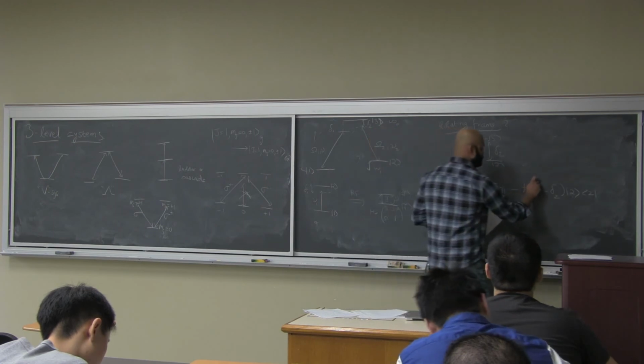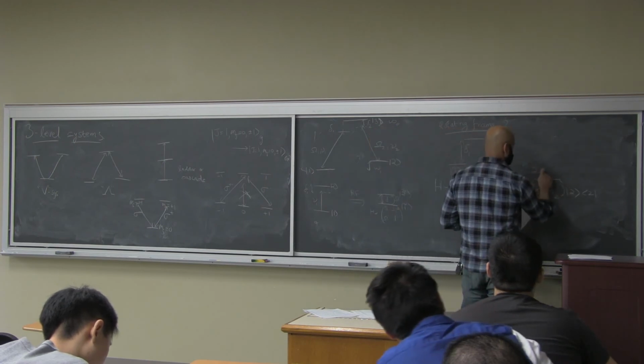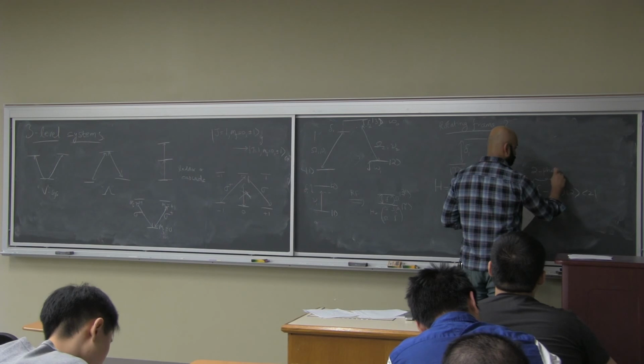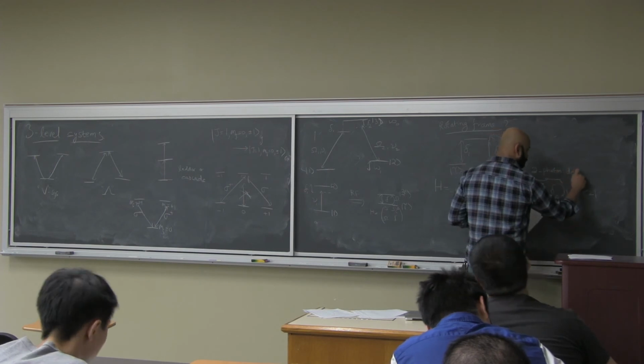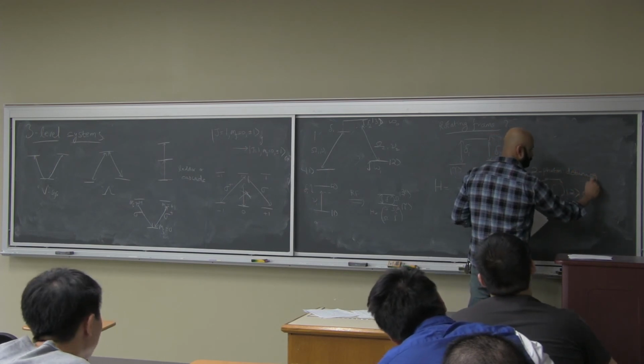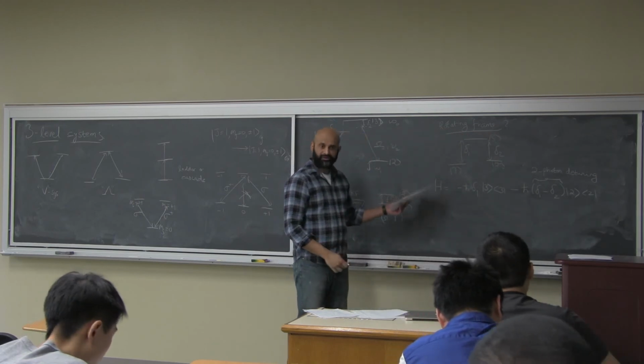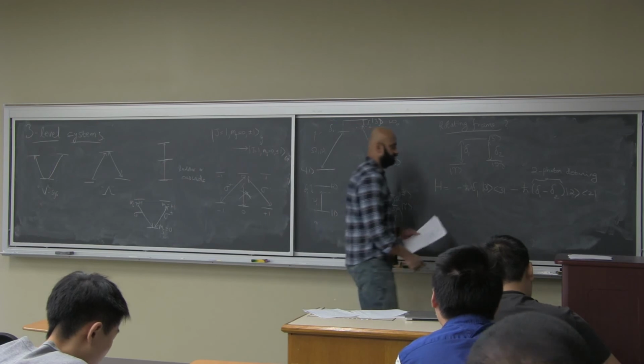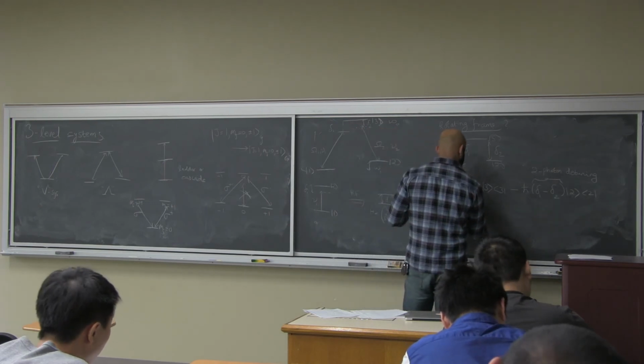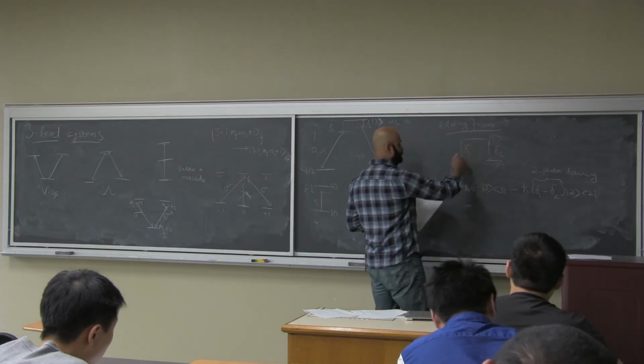This is given a special name, which is called the 2-photon detuning. And it's clear why, because it just represents the difference between the two laser frequencies. And then you have to have the driving terms.